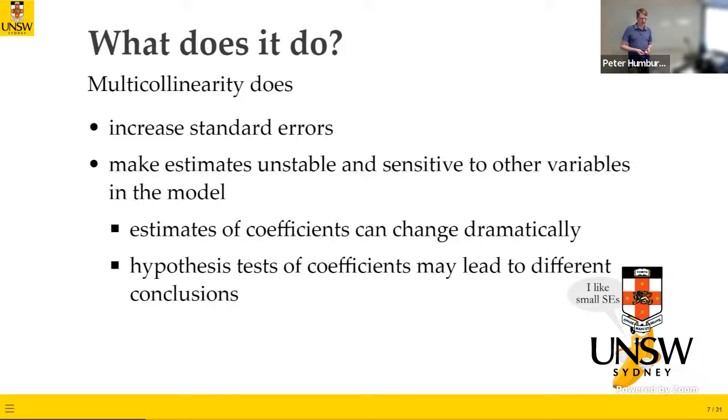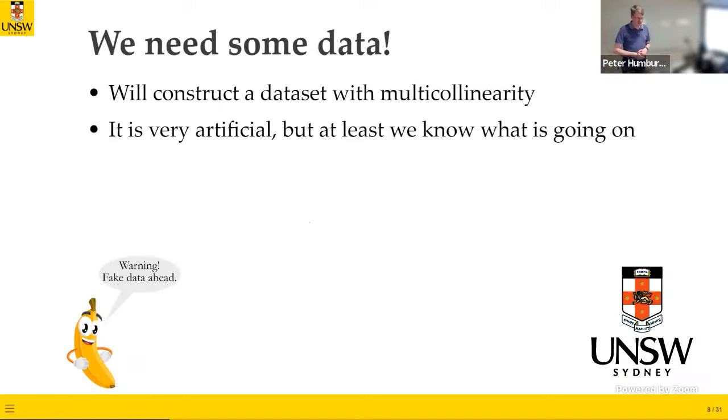And so what I want to do for most of the rest of the talk is two things. I want to look at what actually happens, right? What does multicollinearity look like, and what happens when it occurs? And then in the end, talk a little bit about what you might do about it, right? How can you handle the problem? But to do that, I think we need some data, right?